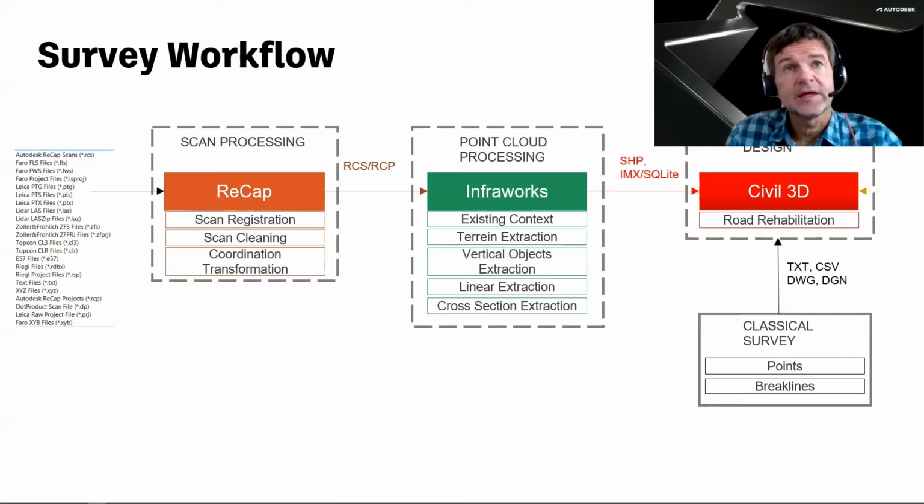Then you can utilize InfraWorks, because if you have this file format which is usable by our products, you need to process it in a matter of extracting data. I'm talking about creating existing terrain, basically a surface, which you can use later in Civil 3D, having horizontal features like edge of the road, edge of the pavement, bottom of the ditch, depending how far you have scanning.